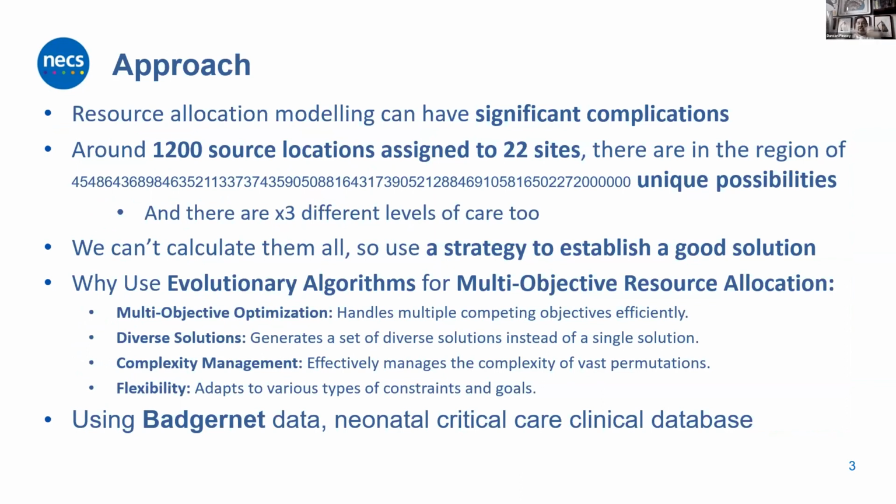And you suddenly run into an incredibly large number of possible options, more than you could feasibly calculate with current computing resources. To brute force calculate every different possibility of sending this person to this site or that person to that site, and then modeling that, it basically becomes impossible.